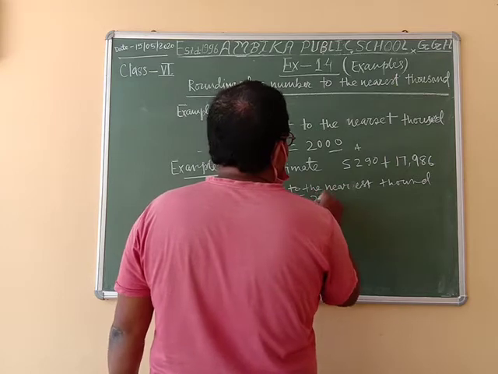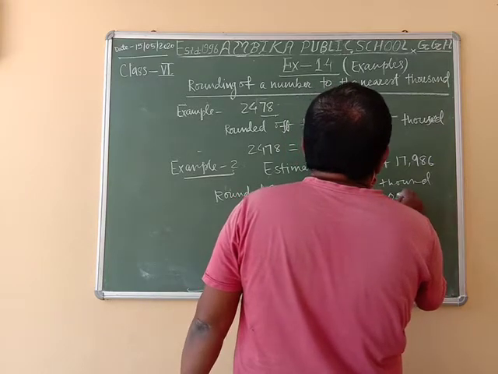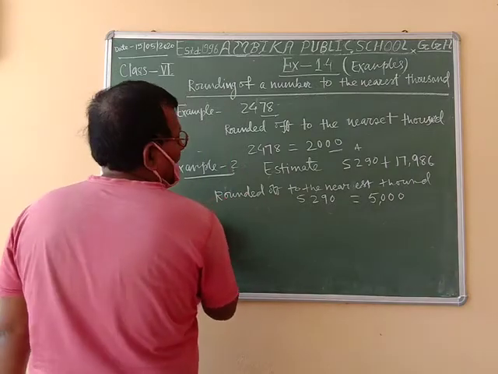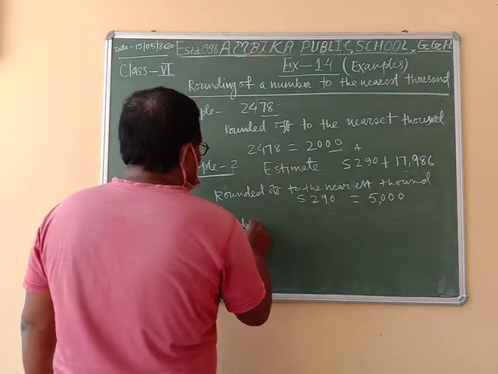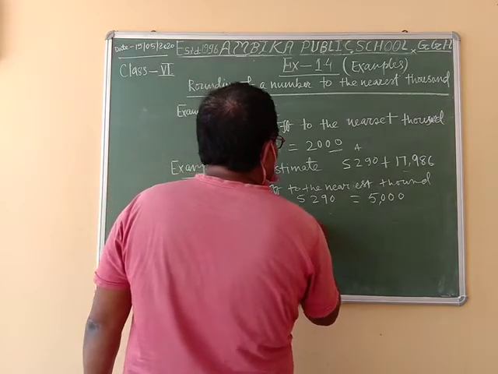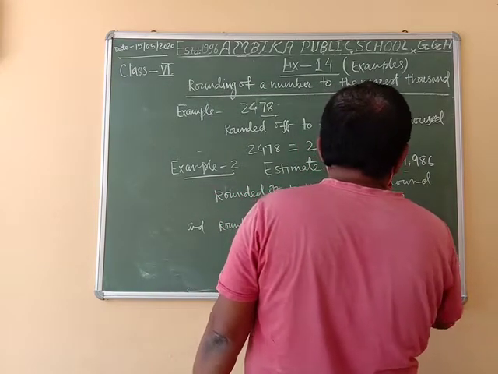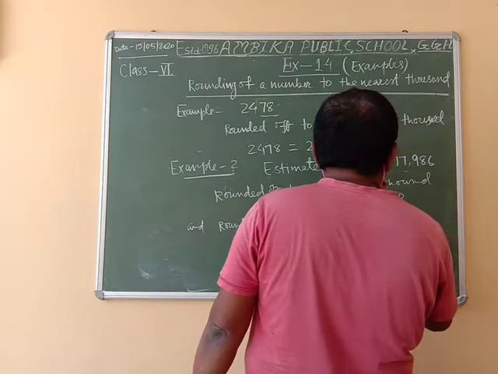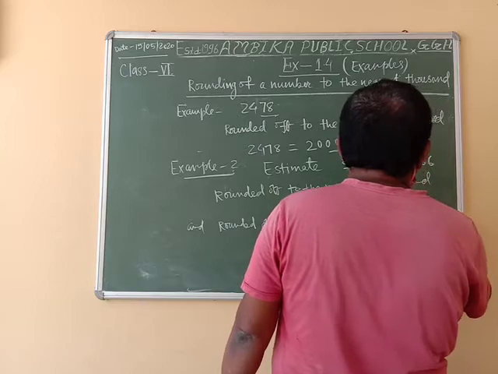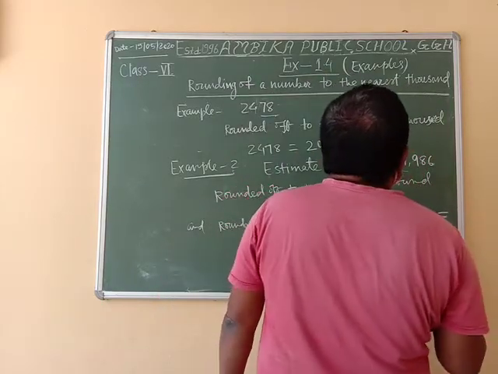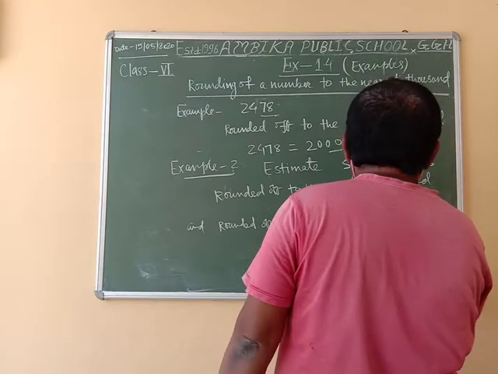5290 is equal to 5000, and 17986 rounded off to the nearest thousand is equal to 18,000.